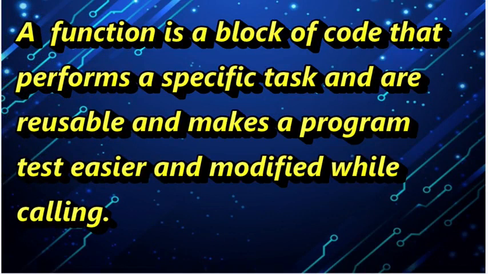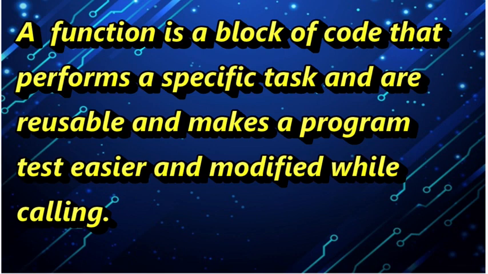But sometimes some functions are not available in the compiler. Suppose you want to calculate simple interest or the square of a number; some math functions will be available for square. But if you want to create your own function, then we use functions for that.